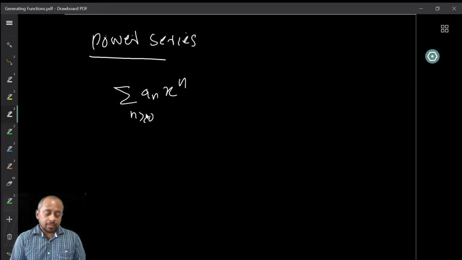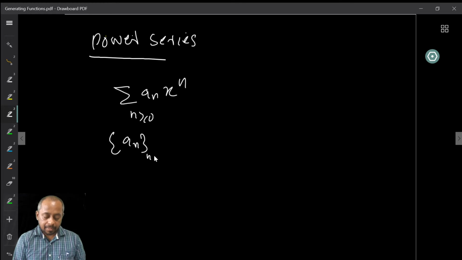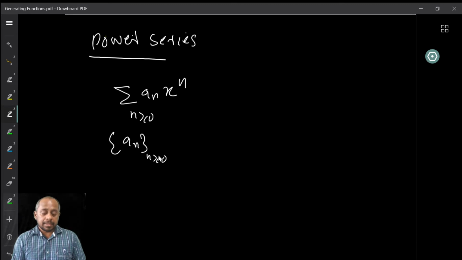Now, if you are looking at these coefficients as a sequence, the sequence a_n, the interesting thing about power series is that if you take the coefficient of x raised to n in the power series, then what you get is precisely a_n, the nth term, or n plus 1, starting from 0, in the sequence. So that is something that we are interested in. We want to encode, for example, our counting sequences, and then somehow express that as a power series.